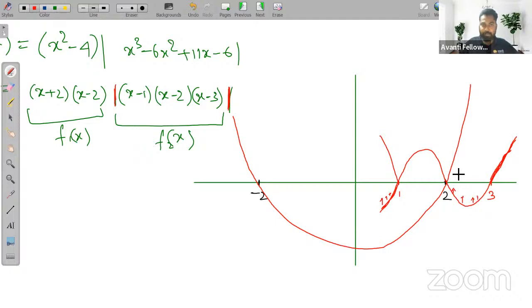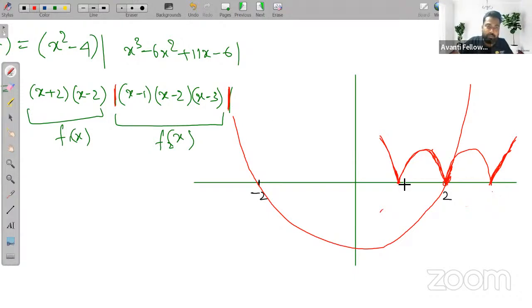The graph will be like this, and we are getting only 2 sharp points. So we need to erase these extra graphs. Those are the only 2 points where we are getting sharp points.